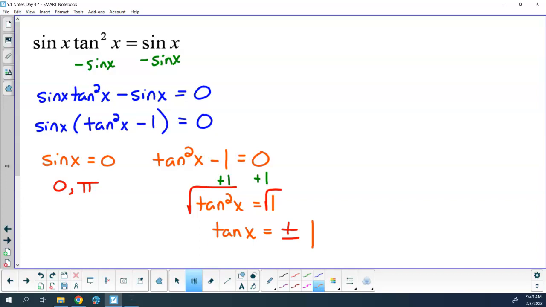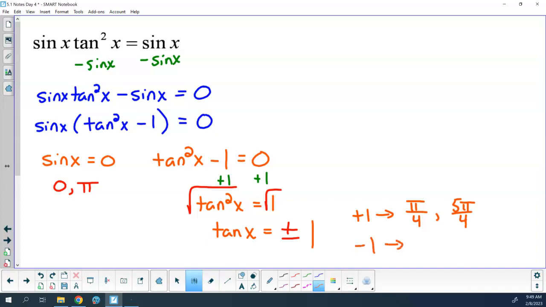So, positive 1, where on the first lap unit circle is the tangent equal to positive 1? Pi over 4, I agree with. 5 pi over 4 is the other one that I agree with.